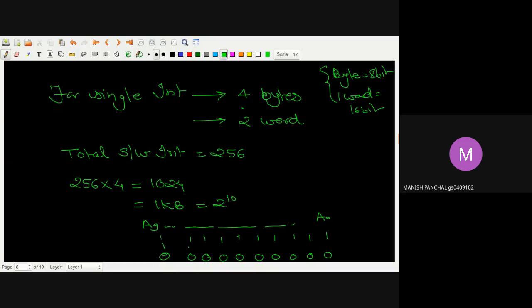The remaining values I am assuming are increasing one by one. So you can put a dot dot dot here. So 1, 2, 3, 4.